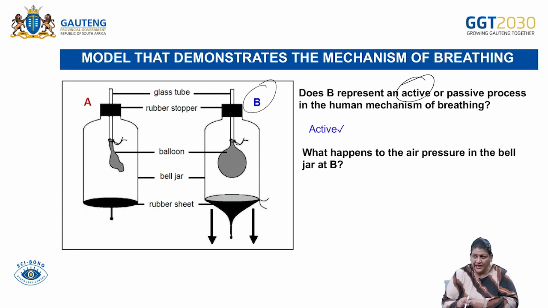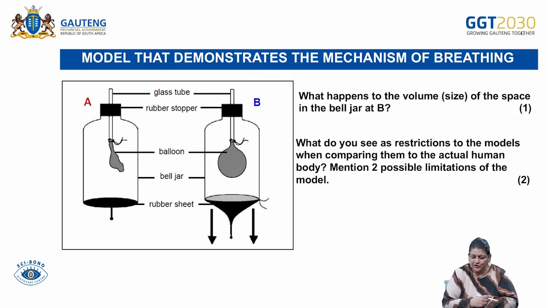What happens to the air pressure in the bell jar at B? Because air is going to move in, and air always moves from high pressure to low pressure. So, what happens to the air pressure when you inhale? Within the thoracic cavity it is going to decrease. All right. What happens to the volume or size of the space in the bell jar at B?